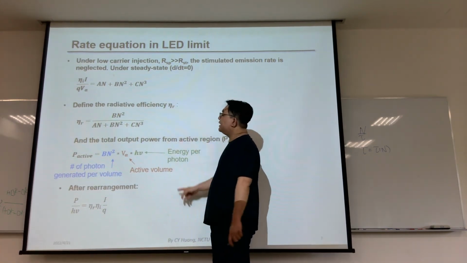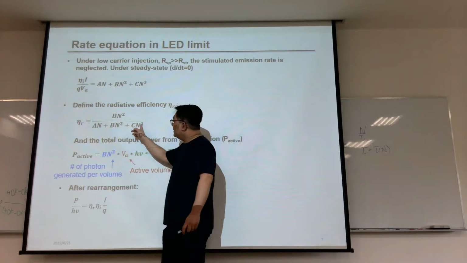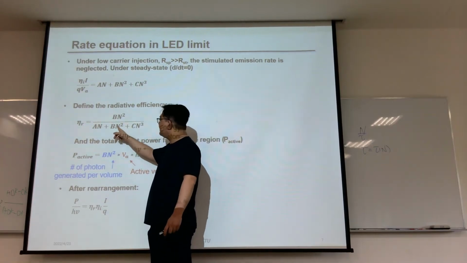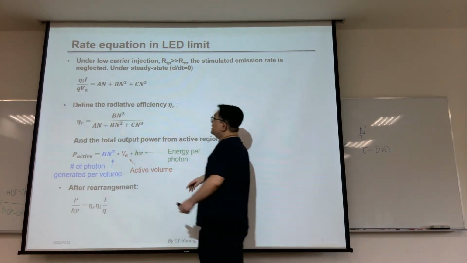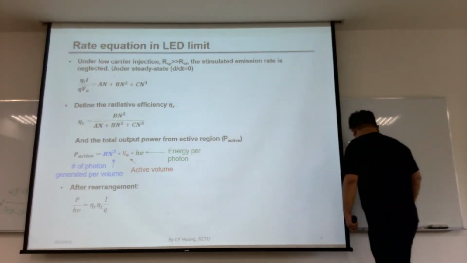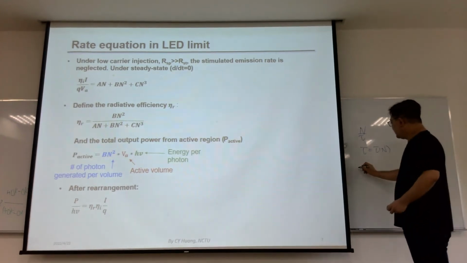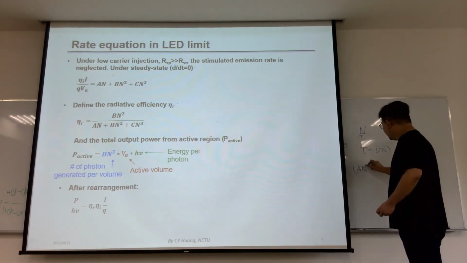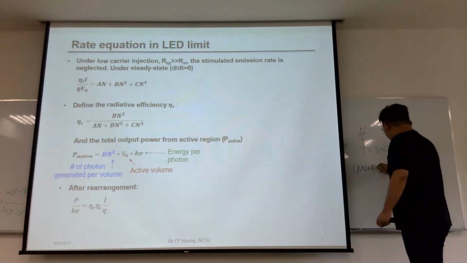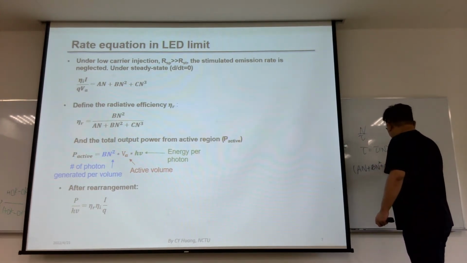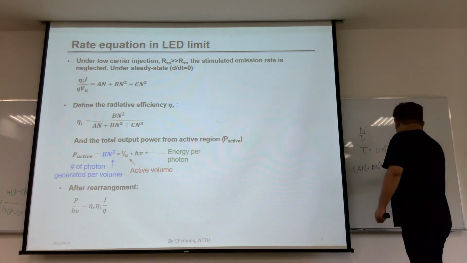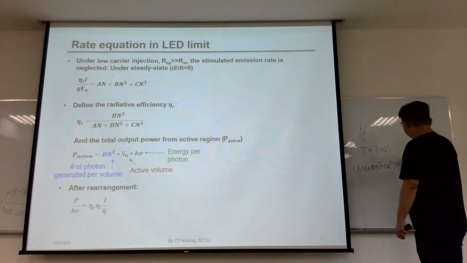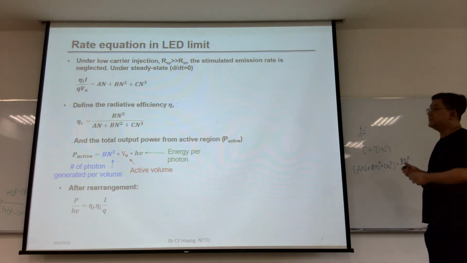Okay, so we can also write this whole term, AN plus BN squared plus CN cubed, as BN squared over zeta. We can simplify the whole term as BN squared divided by zeta_R, the radiative efficiency. We will also use this equation later.